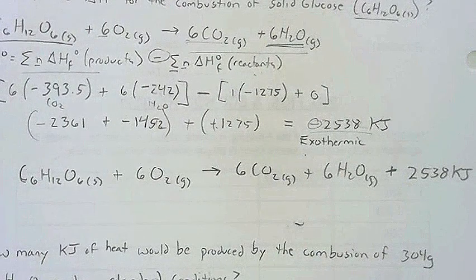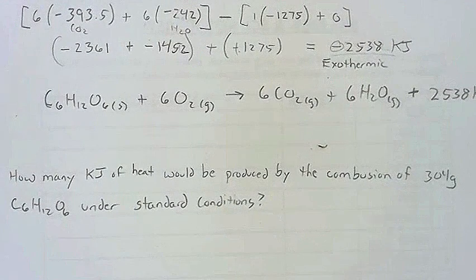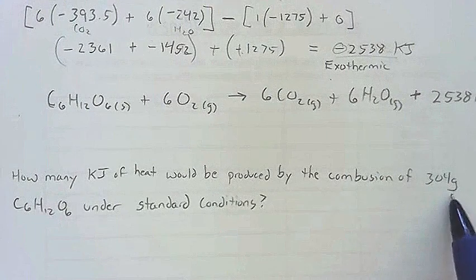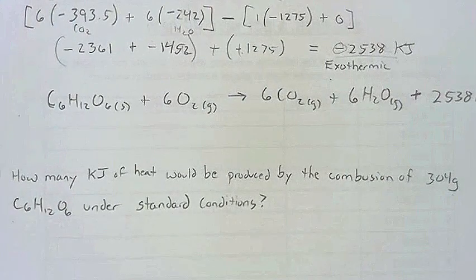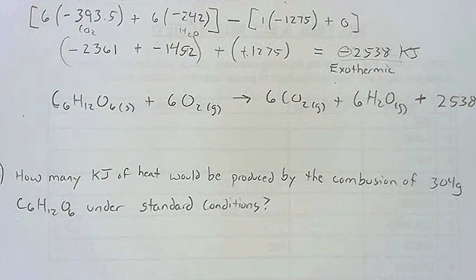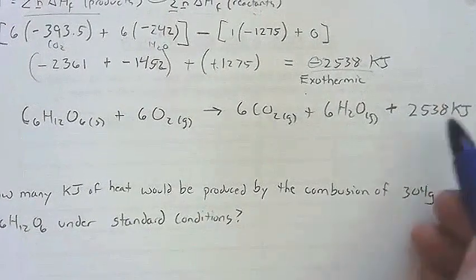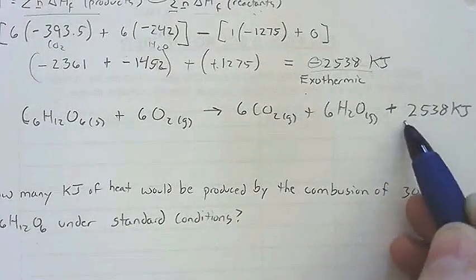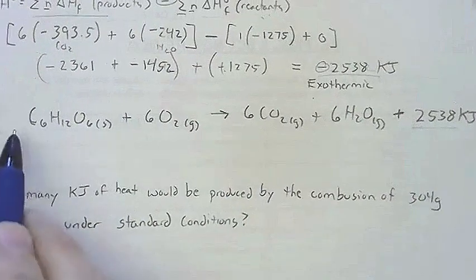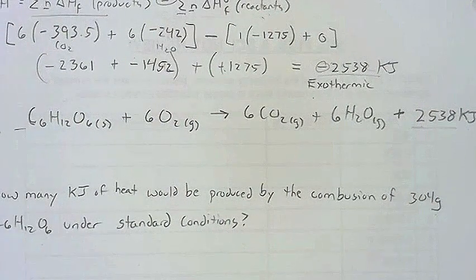Now, for part 2, it's asking how many kilojoules of heat would be produced by the combustion of 304 grams of glucose under standard conditions. So now I'm trying to find out the total amount of heat. Now, if you look at the balanced chemical equation, this is basically saying that we have 2,538 kilojoules of heat produced for every 1 mole of glucose being consumed.